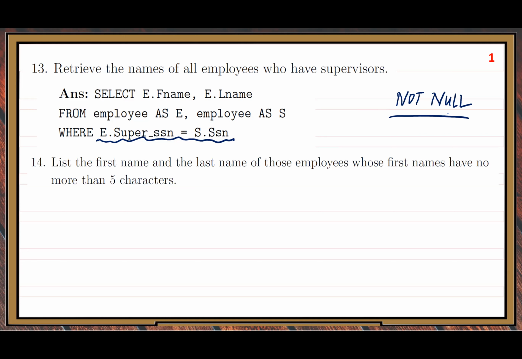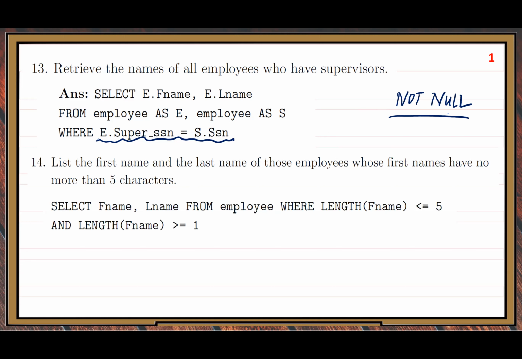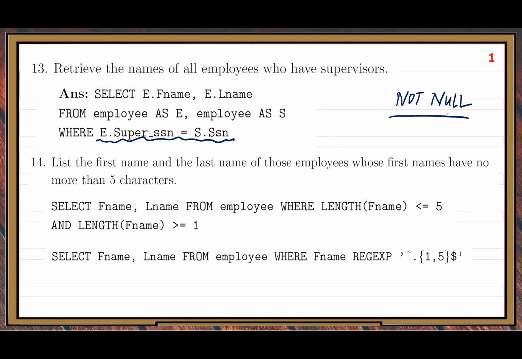Number 14, list the first name, last name of those whose first name has no more than 5 characters. One way, if you use the length function, is the length of the first name less than or equal to 5 and greater or equal to 1. That's one way. But you can also use a regular expression.